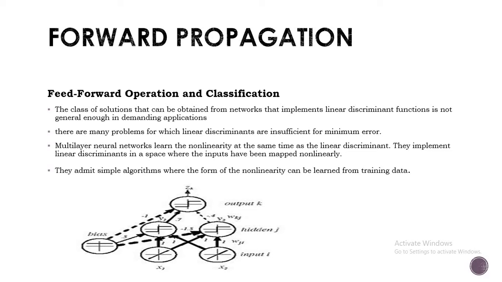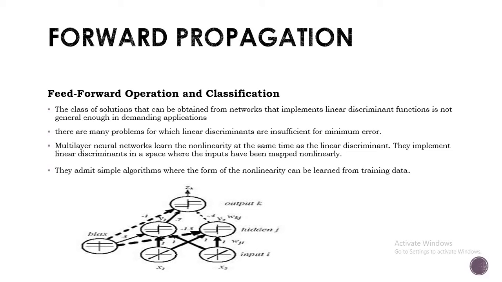This is an example picture of a feed-forward operation and classification. There is a bias as an input, then the hidden layer, and there is an output layer. The bias and the weights can be represented in this picture, and the input layer can be represented as i, the hidden layer as j, and the output layer as k.